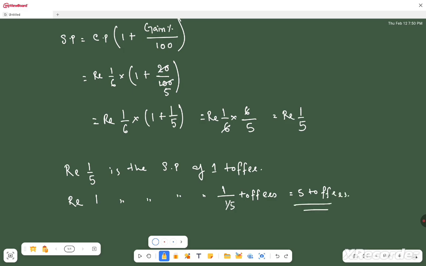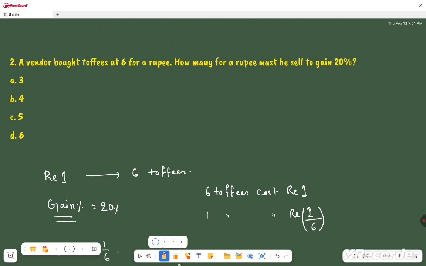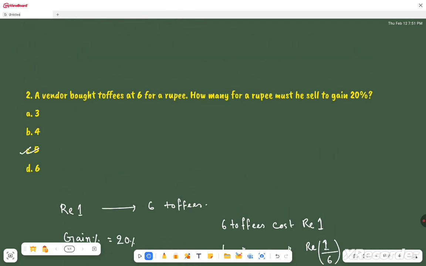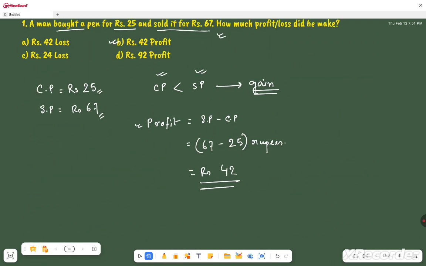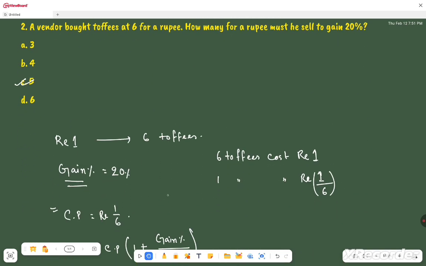So for 1 rupee, he should sell 5 toffees to gain 20%. So the answer will be 5 toffees. I think this question is also clear to everyone. Okay. So just go through this concept, and you have many sums in your book. Just solve them, and I think it will be clear to everyone.